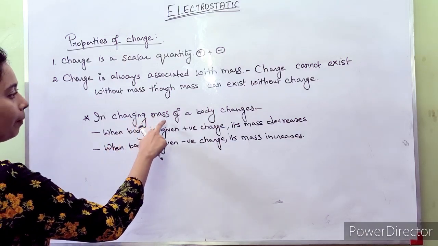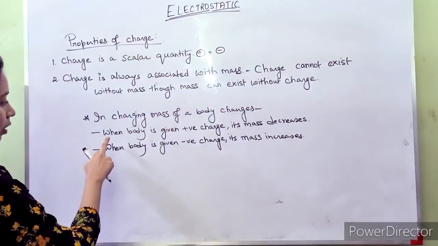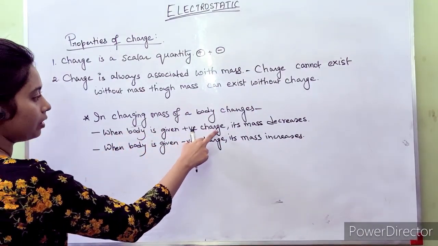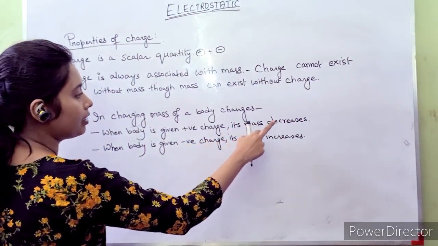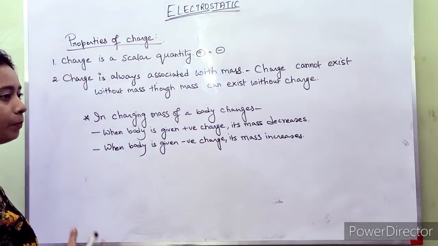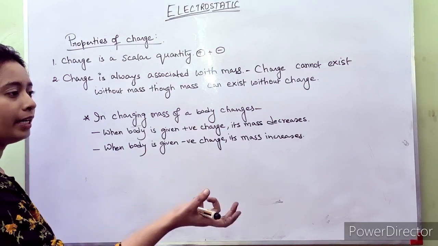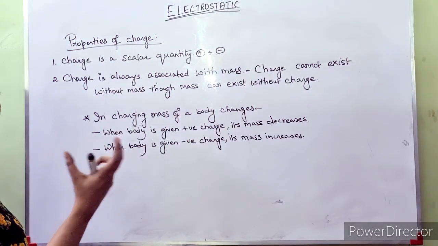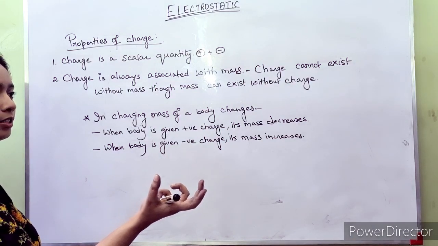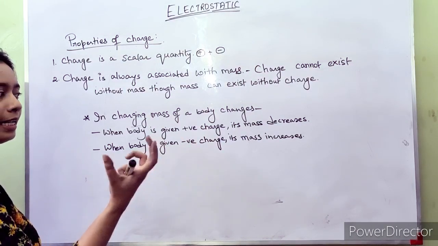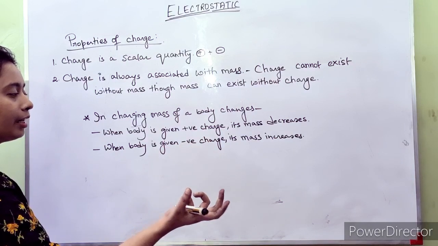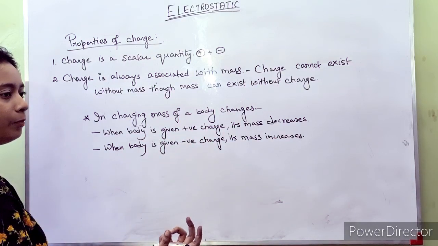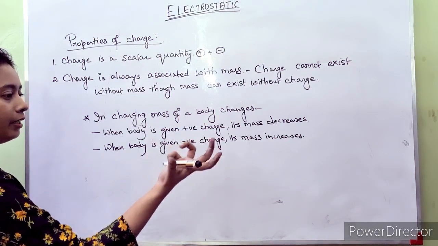In charging, mass of a body changes. When a body is given positive charge, its mass decreases. Giving positive charge means we are taking the electrons out of that body. So the number of protons is increased compared to the number of electrons in that body.